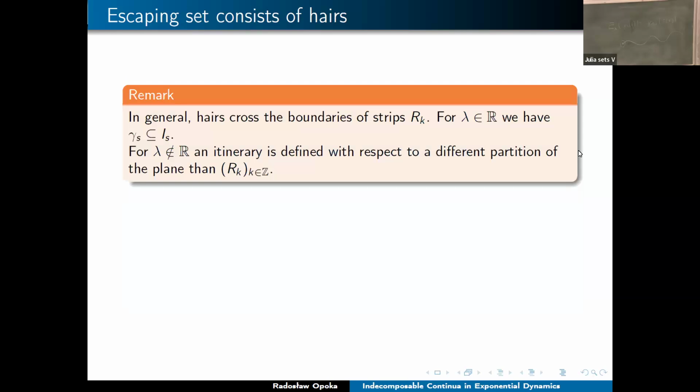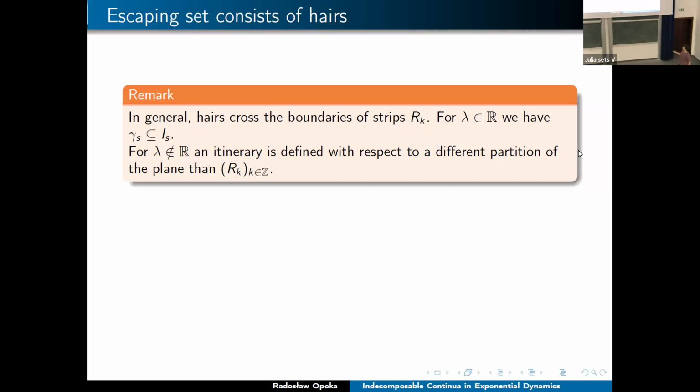Okay, so in general, these hairs can cross the boundaries of our strips, but this is not the case for real lambda. For real lambda, gamma S is a subset of I of S. And for lambda which are not real, we define the itineraries in a slightly different way, but the idea is the same.